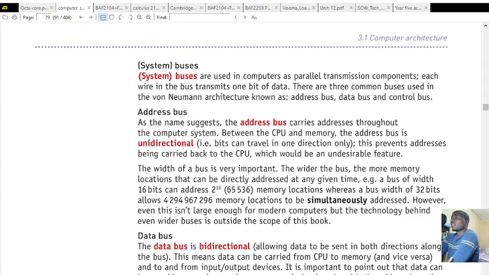The width of the bus is very important. The wider the bus, the more data it can carry or fetch across the various locations within the CPU and the memory. If they are wide enough, they are able to carry a lot of data.